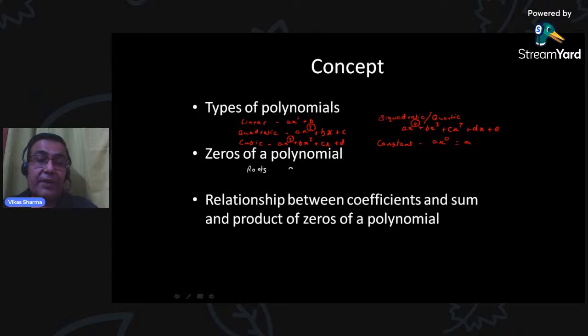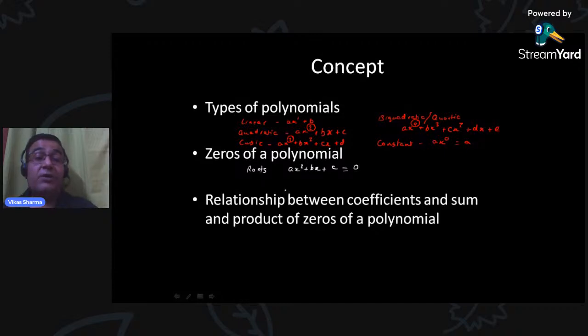So for example, for ax square plus bx plus c, the value of the variable at which this whole polynomial is equal to 0 is called the zero of a polynomial, or the root of a polynomial. We learn how to factor the polynomials and hence find the zeros of the polynomial.